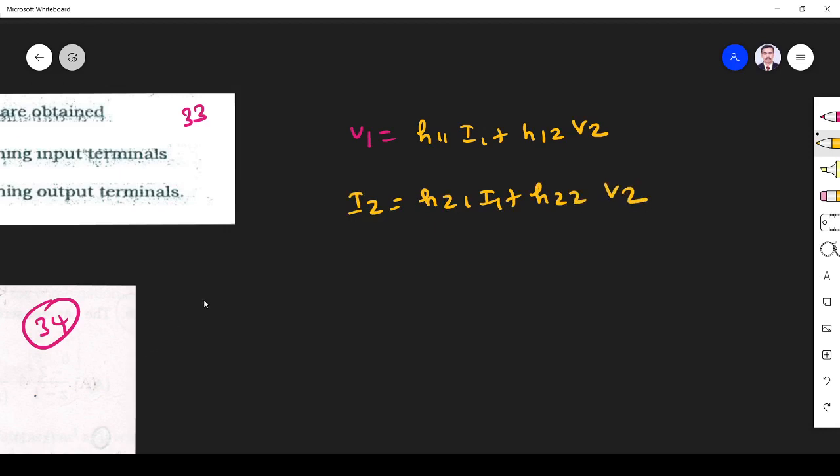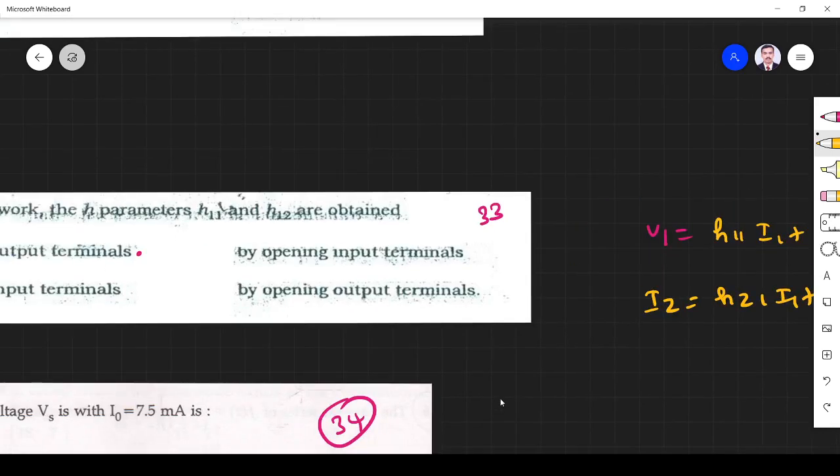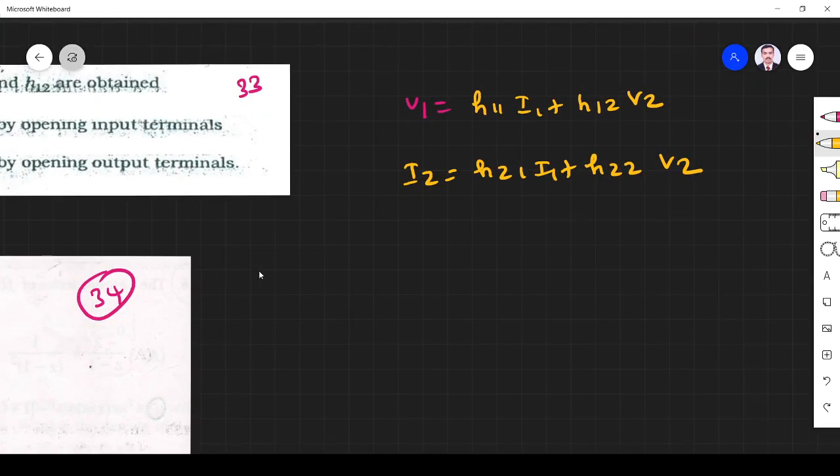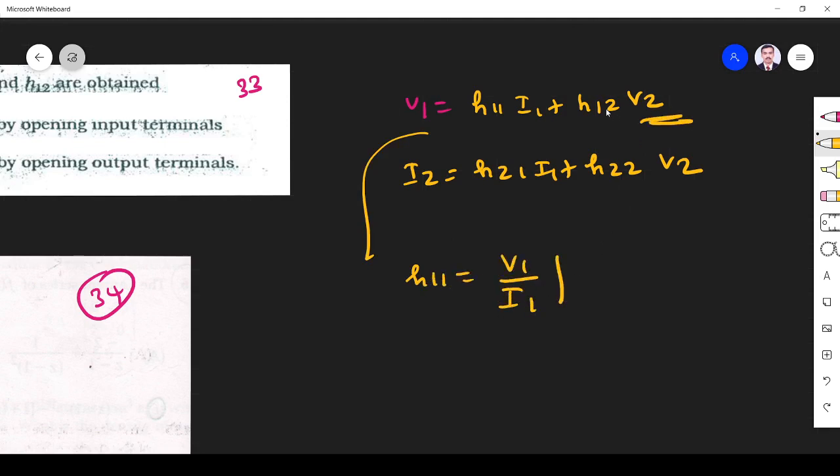What they are asking is the H11 and H12 values. From this, H11 is equal to V1 by I1, provided V2 is 0, so this term will be 0. V2 is the output voltage, so output voltage equal to 0 means the output is short circuit.